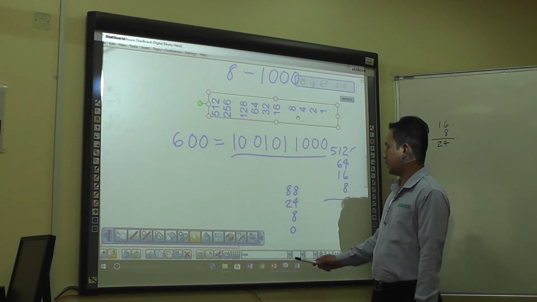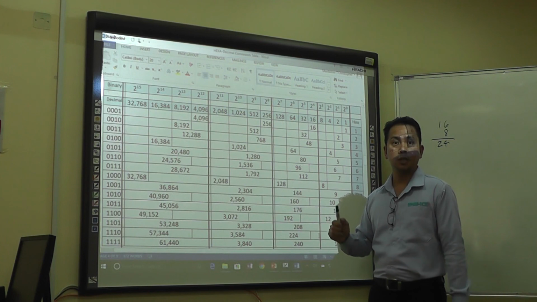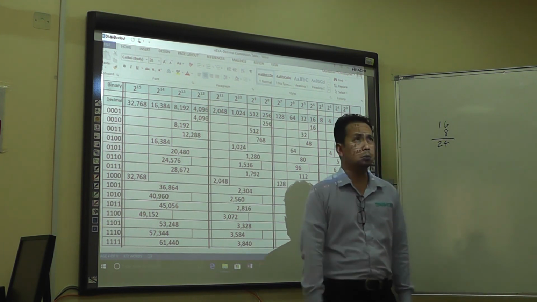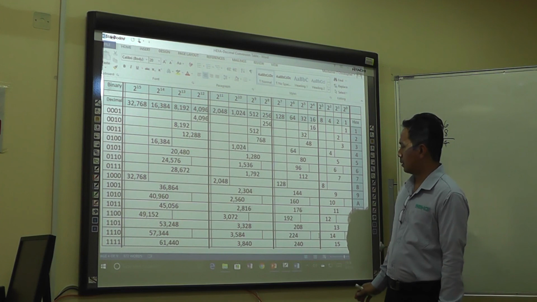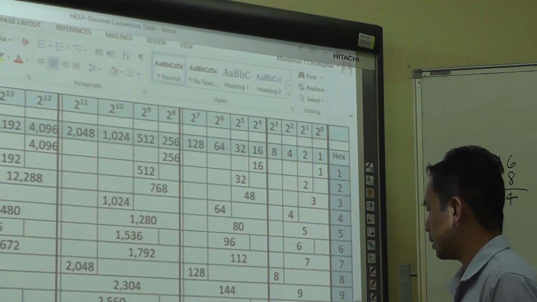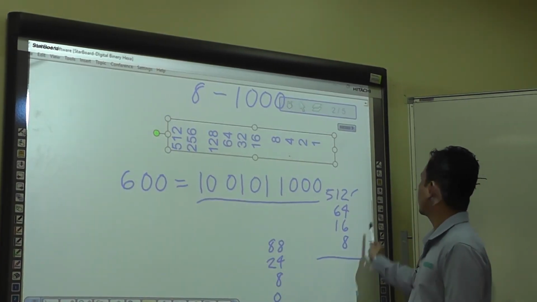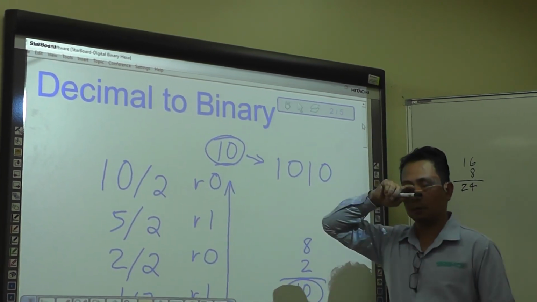So we will just use this table to help us, and it's easier for us to do the process. I hope that you could use this procedure in converting a number from decimal to binary.